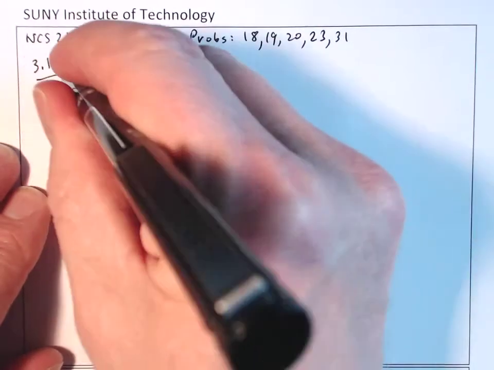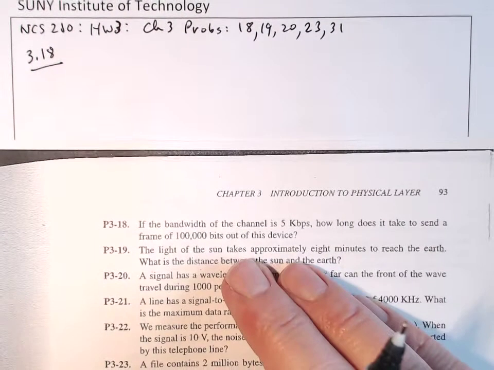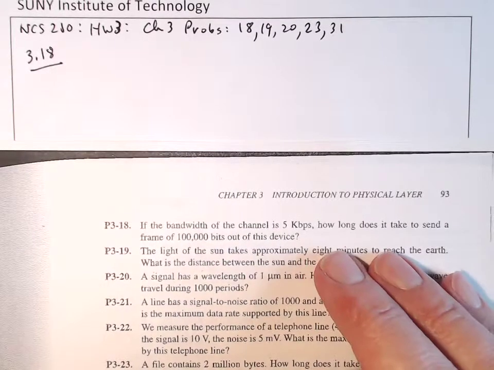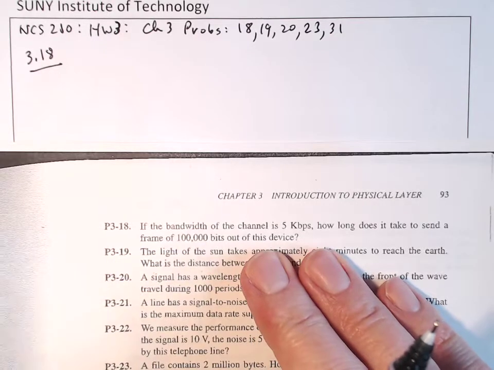In this problem, the problem statement is that the bandwidth of the channel is 5 kilobits per second. How long does it take to send a frame of 100,000 bits?